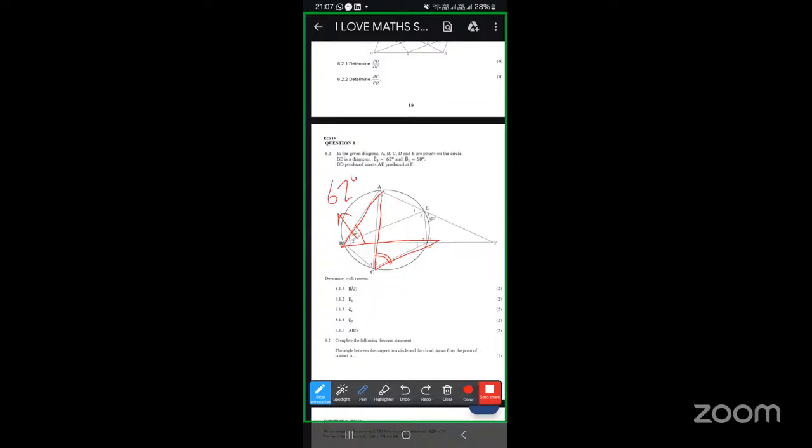Angles in the same segment. Can you see that, guys? Yes, sir. Yes, angle C2 is 62 degrees. Angles in the same segment. You get it?